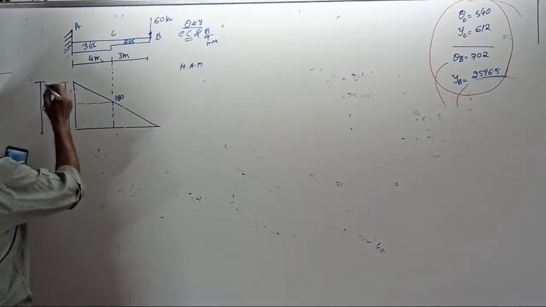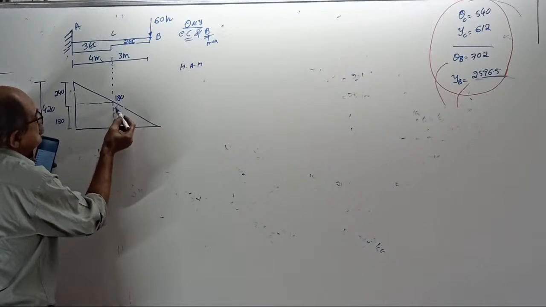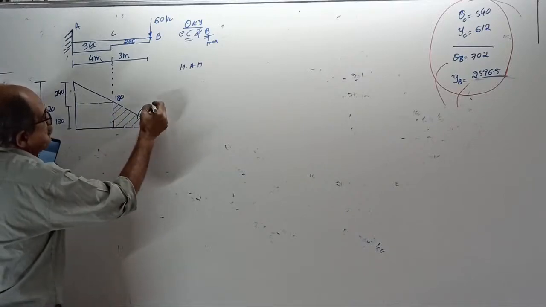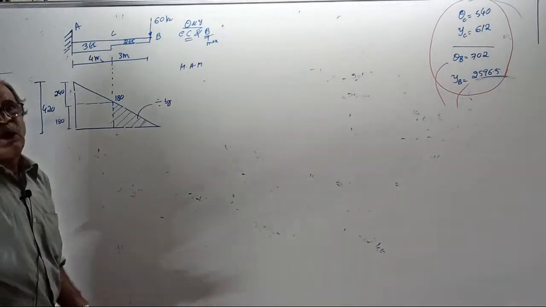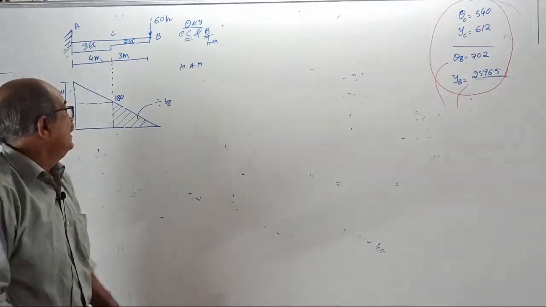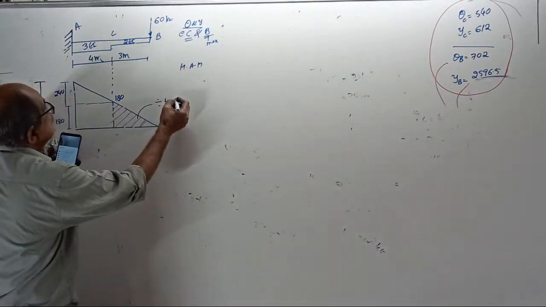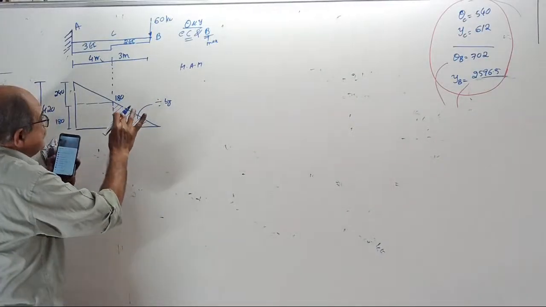Now look, if I use the BM by EI diagram, if I use this diagram, I should divide by how much? Tell me. I should divide the answer for anything you use for this diagram.